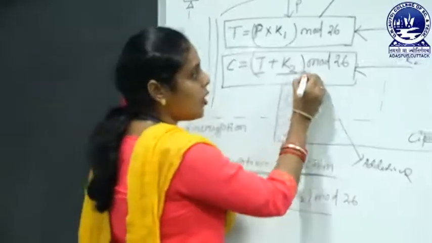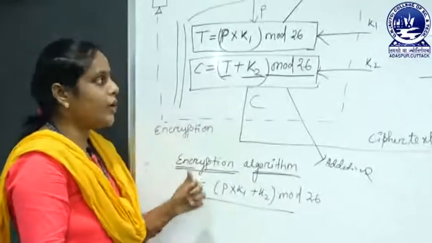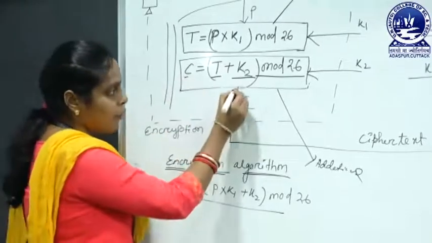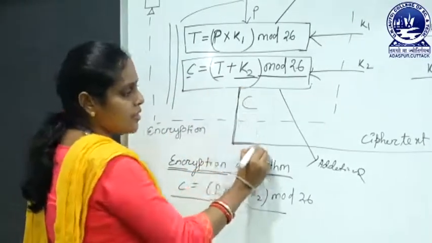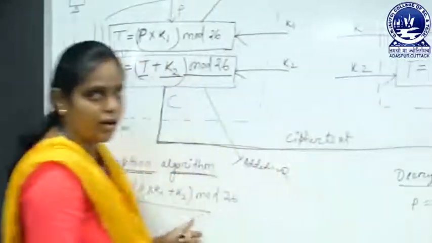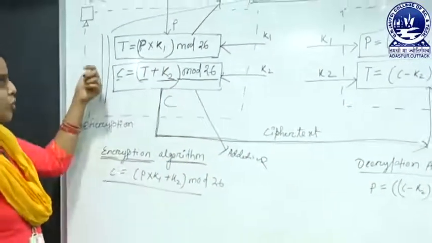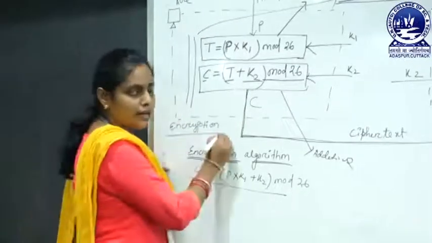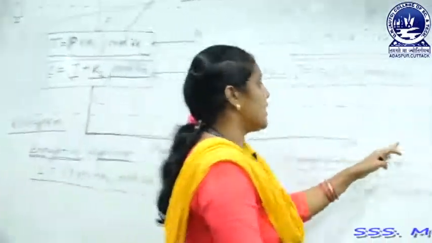After that mod 26 is calculated, which produces the ciphertext, that is C. Now this ciphertext is transmitted over the network, and this process of conversion from plain text to ciphertext is called the encryption.